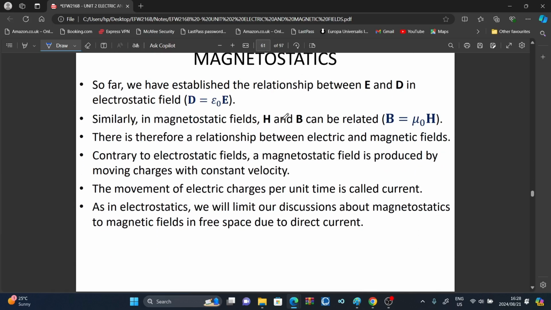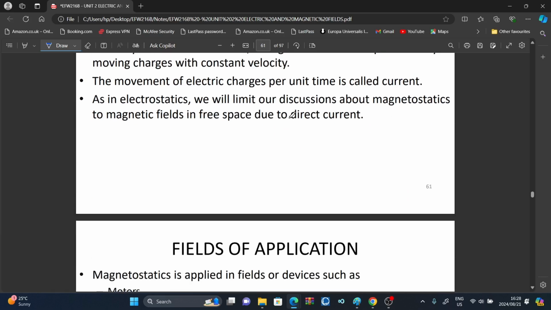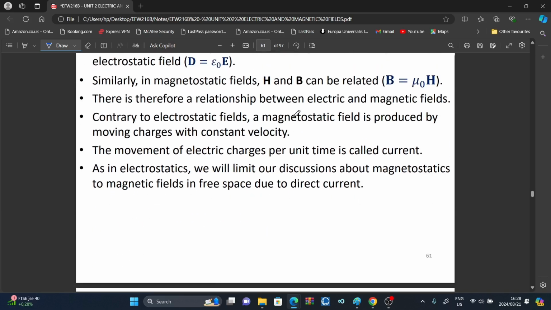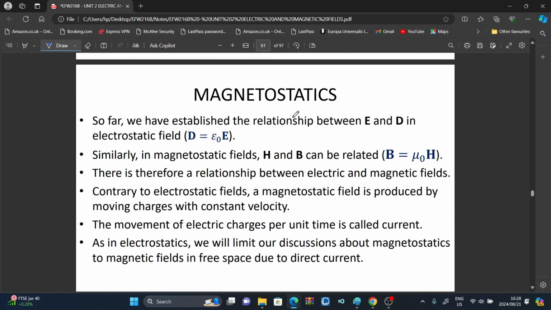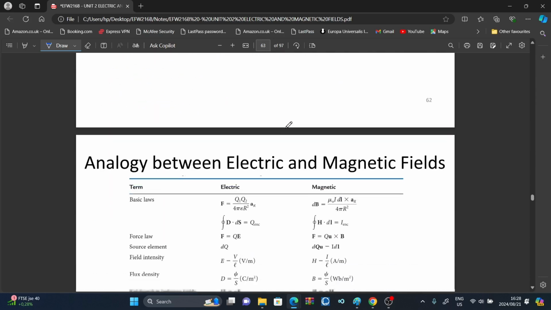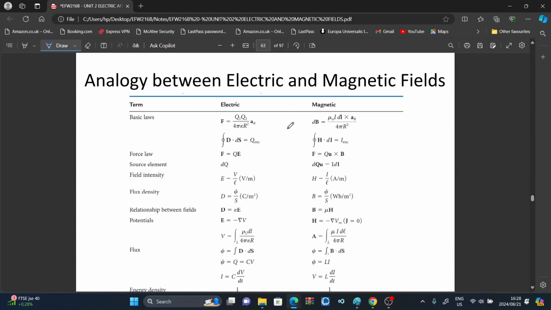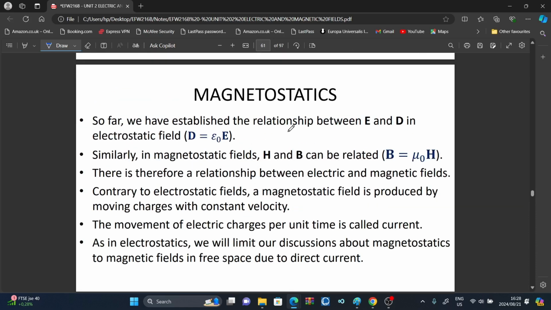Now we come to magnetism, or magnetostatics. Magnetostatics is more or less similar to electrostatics.